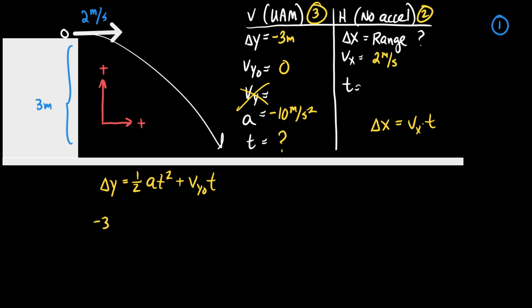That's going to be -3 equals 1/2 times -10 t squared plus 0. So this is going to be the root of 0.6, I think, which has got to be somewhere around 0.8. What is it? 0.77.